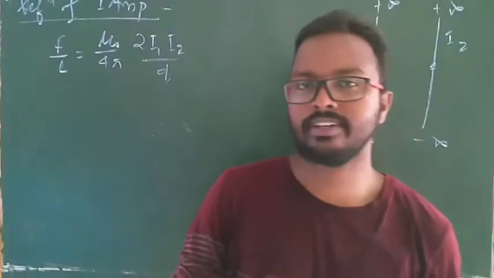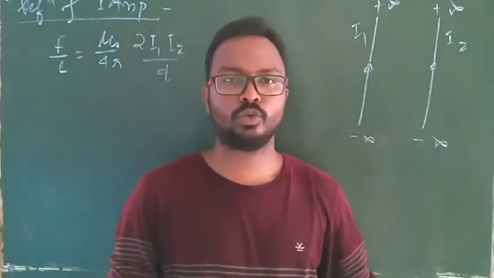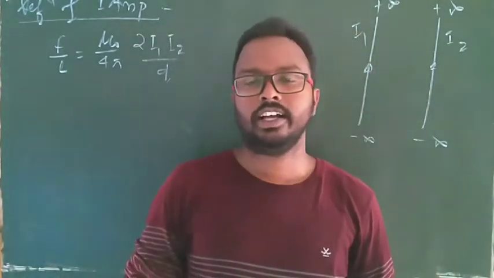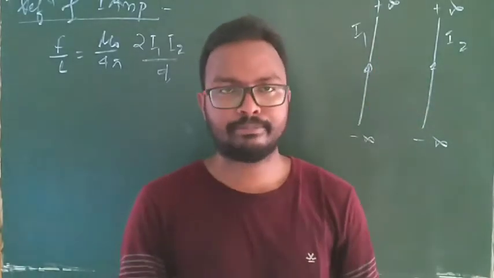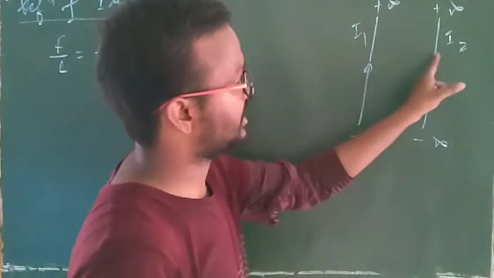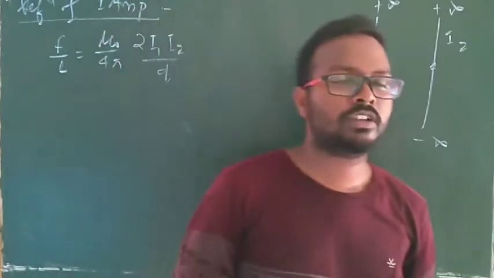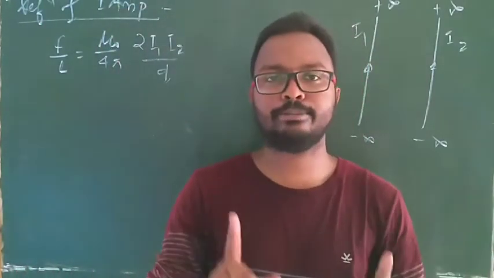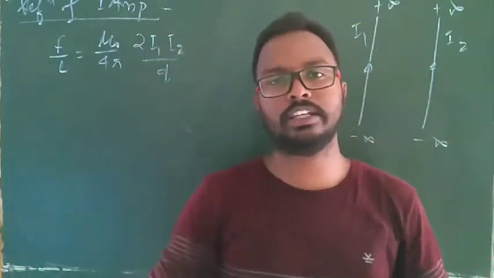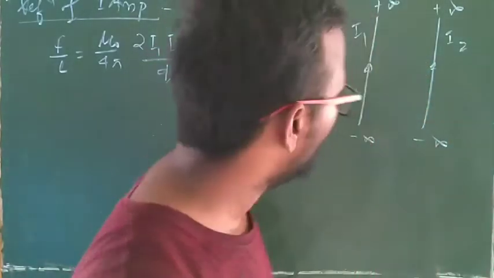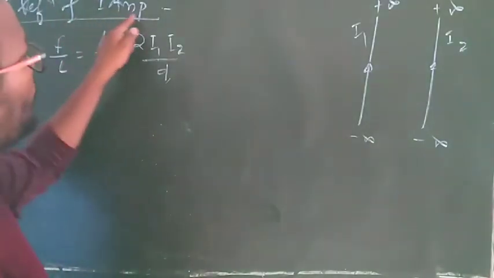So we have discussed that for two infinite long straight conductors with current in the same parallel direction, the force is attractive. If the current flows in opposite directions, the force will be repulsive. Clear? Now we will go for the definition of 1 ampere.